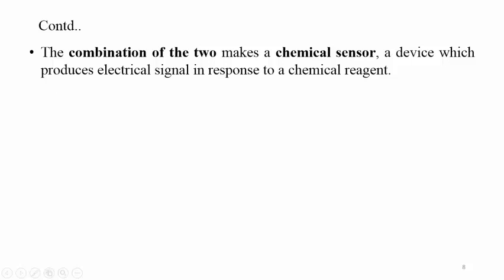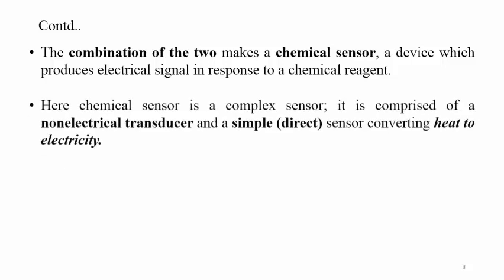So we can say that the combination of the two makes the chemical sensor. Combination of two means the first one is chemical reaction based and the second one is heat related. So it is a device which produces an electrical signal in response to the chemical reagent.